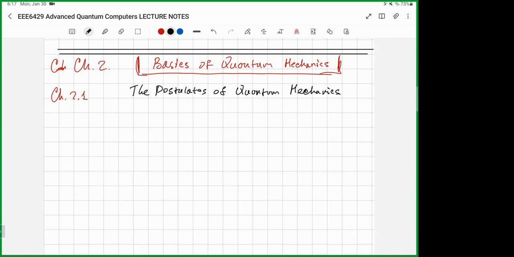I think the best way for our course is to give you this information in the form of several postulates and discuss each of them a little. So, the first postulate, Postulate 1.